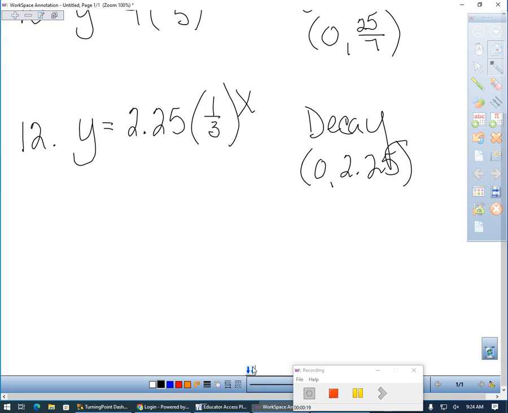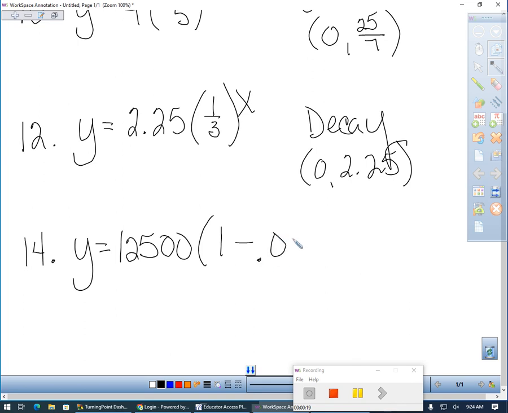Moving to number 14. For number 14, it says a $12,500 car depreciates at 9% each year. And they want you to find the value after 5 years. So we have y equals your initial amount, which is $12,500, parentheses. Since it depreciates, it's 1 minus, and 9% as a decimal is 0.09.